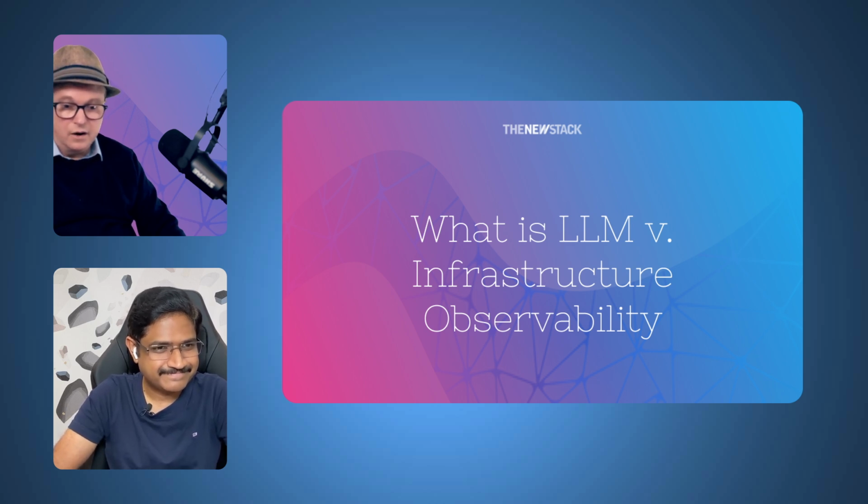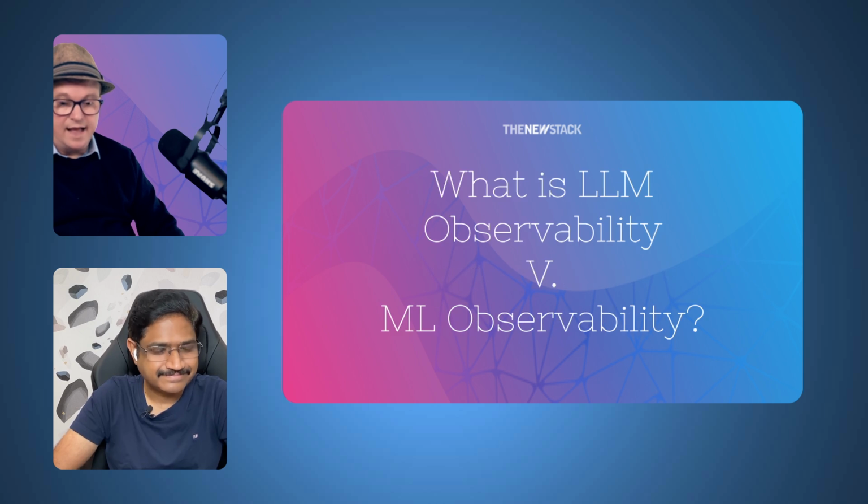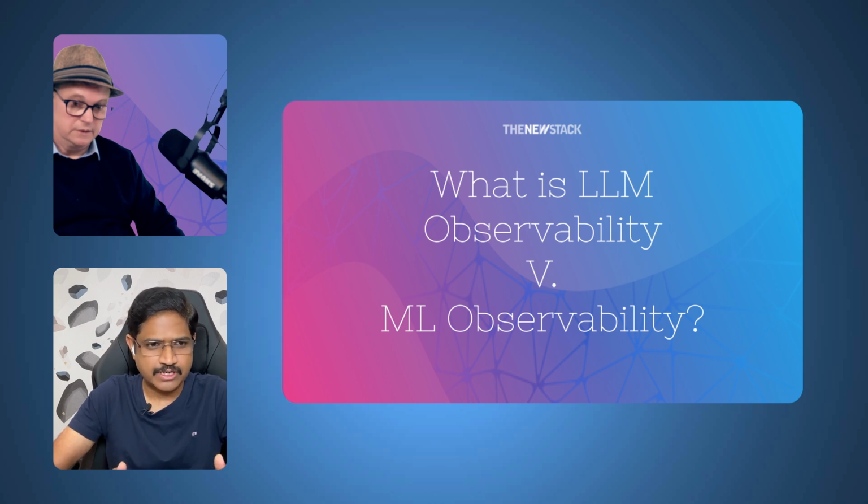Okay. All right. So now the last bullet point you have is LLM observability versus ML observability, meaning machine learning. Right. So there is another misconception that whatever worked for traditional machine learning models would continue to work with LLMs, and that's not the case. As I mentioned earlier, the goal of observability is to give us insights into a running system and ensuring we are getting the expected outcome.